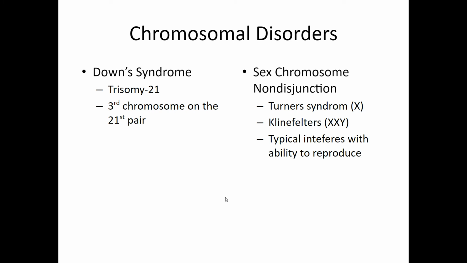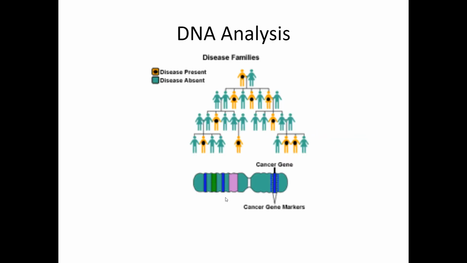There are a couple of others. If you have nondisjunction occurring on the sex chromosomes, you can see them there. Basically, the idea here is that nondisjunction is a failure for chromosomes to separate either during meiosis 1 or meiosis 2. Big idea.